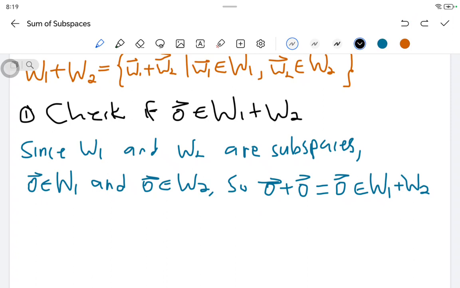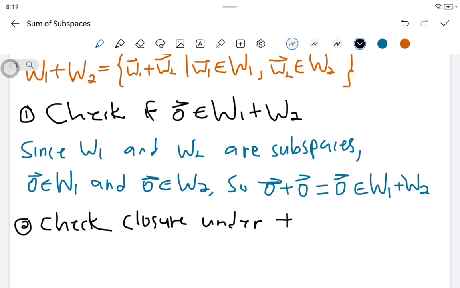So after checking the zero vector, we can now check closure under addition. For us to check this, we are going to use the definition which we have defined. I'm just going to pick two elements, where the first one will always belong to W1 and the second one will always belong to W2.